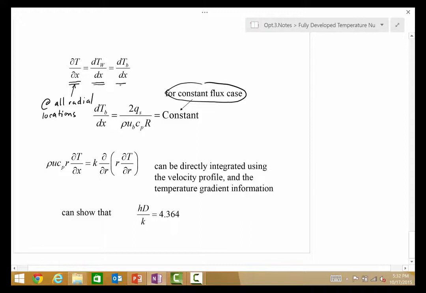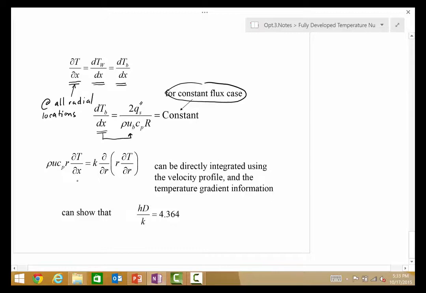It's a constant because T is linear, TB is linear, TW is linear. The derivatives of these with respect to x are constants, and dT/dx is a constant. And we know in fact what the value of that constant is. We know that constant is defined in terms of the heat flux, the bulk flow, bulk velocity, etc.